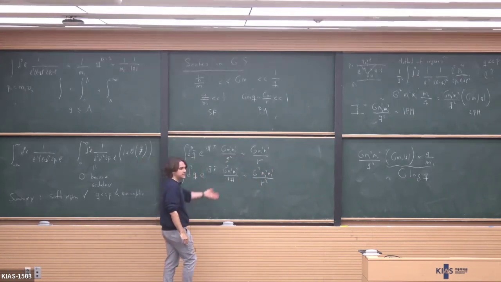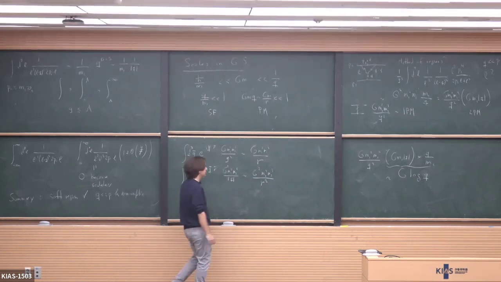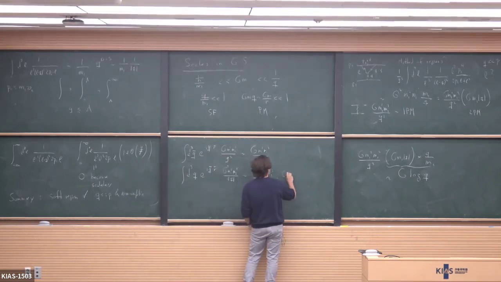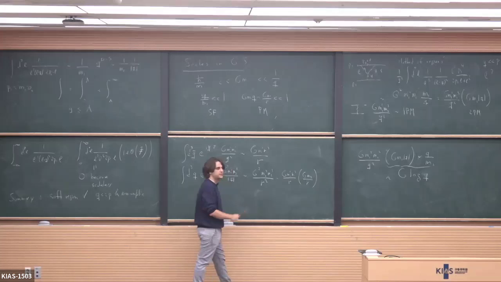So this is still a correction that goes like g m over r relative to the leading order, right? So this goes like g m1 squared over r, and then g m2 over r. So this is some classical weak field correction.